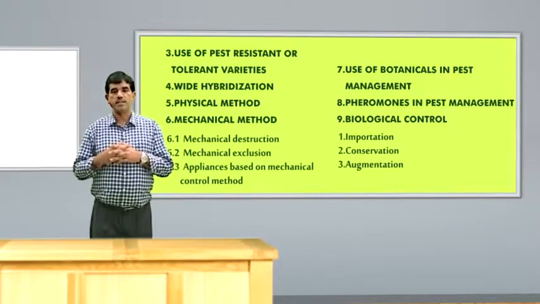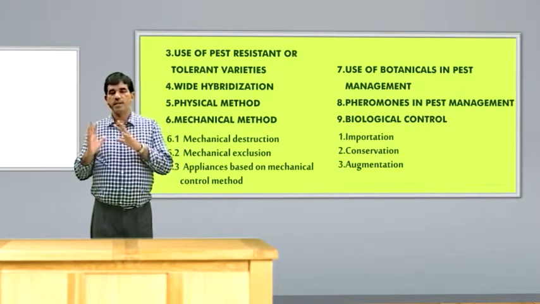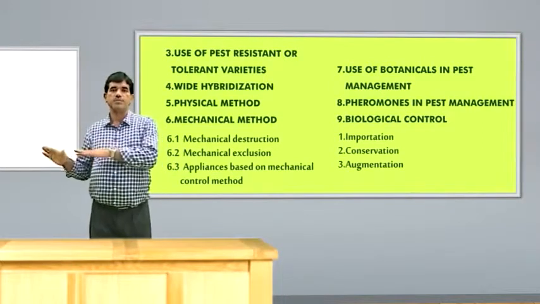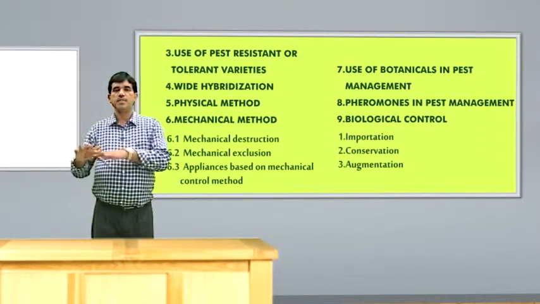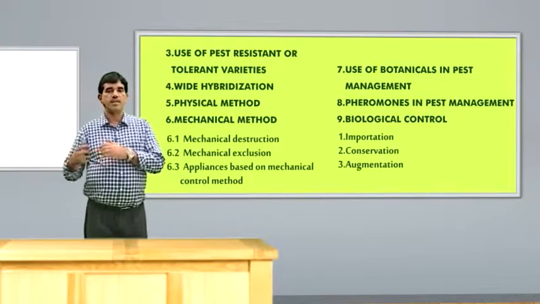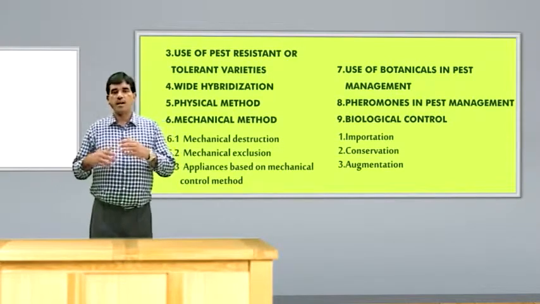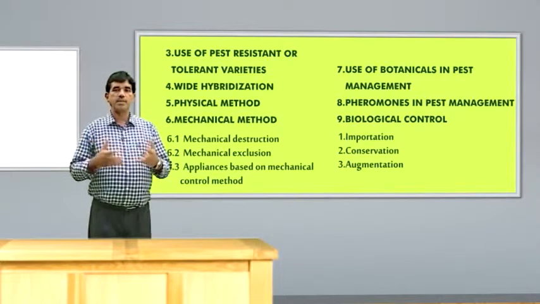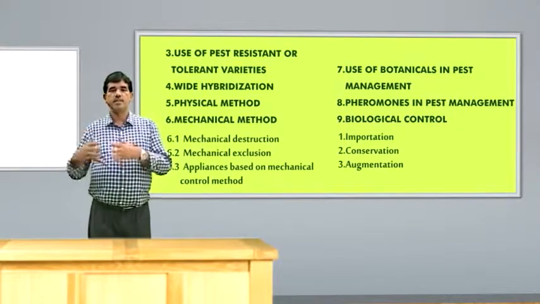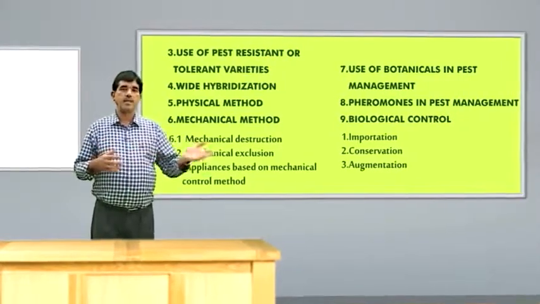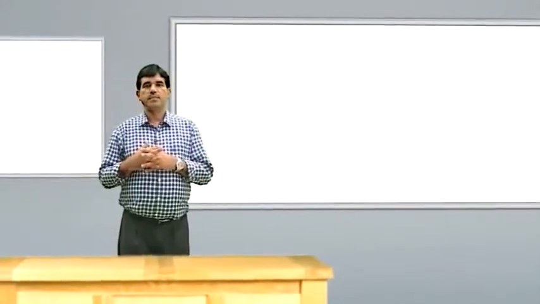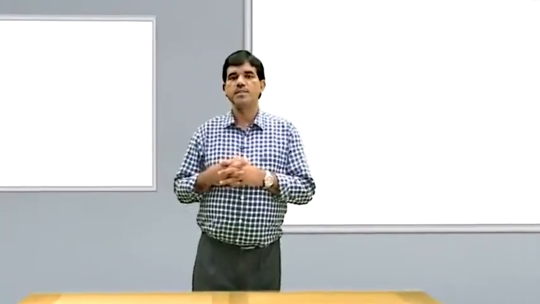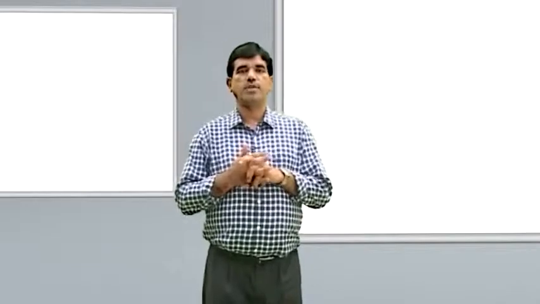Other is conservation. In conservation, these bioagents are conserved right in situ, right in the field, so that their population is maintained over years. Augmentation is artificially growing or multiplying bioagents in the laboratory and then releasing them back to the field.